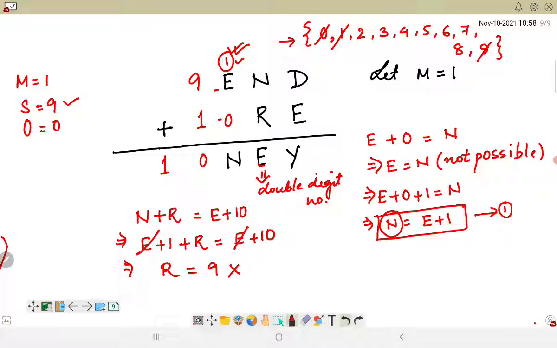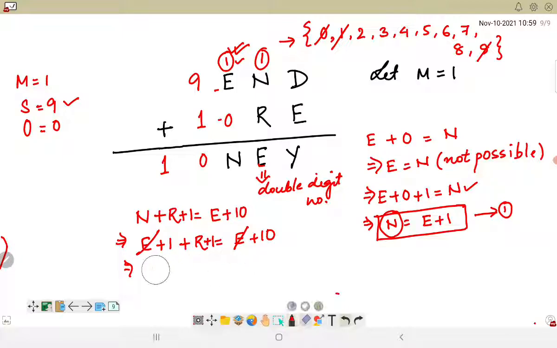So what is the next possible step that we can do? Since this is not possible, like the previous step which we did in equation 1, we will add a carry to it. That means instead of having this n plus r, I will add one carry into it. So one carry comes here, and I will also add one carry here. So what happens here is n plus r, n is already e plus 1, plus r plus 1.